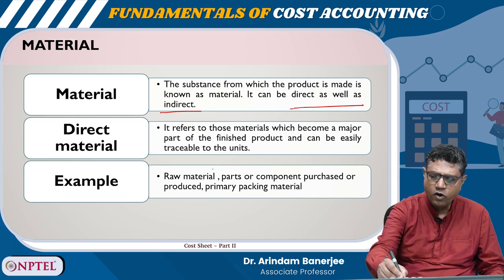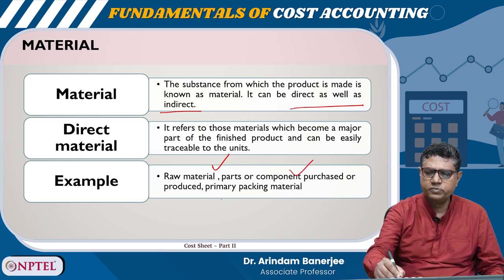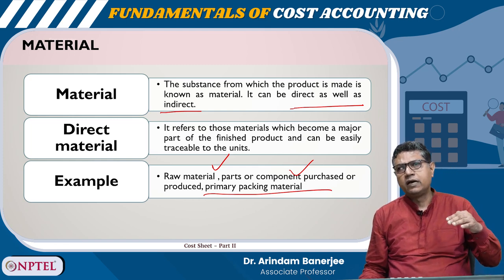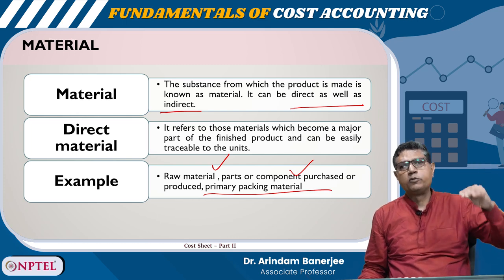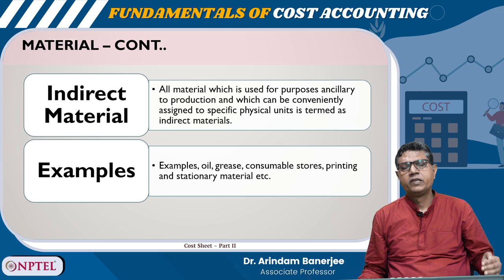Examples are raw material, parts of components, purchased or produced, primary packing material, etc. If my production increases, the cost of direct material will increase proportionately. If my production decreases, the cost of my direct material will reduce directly.